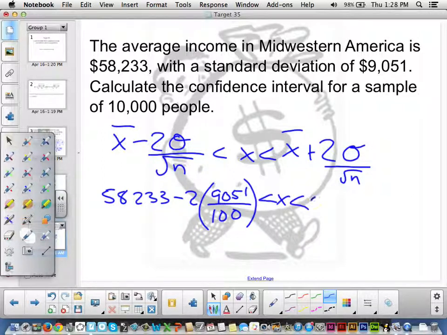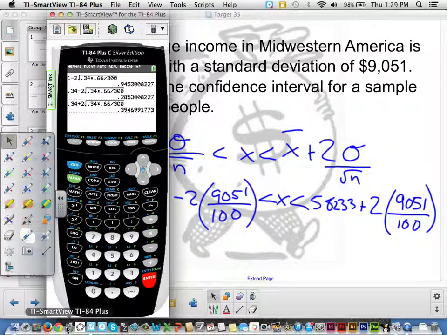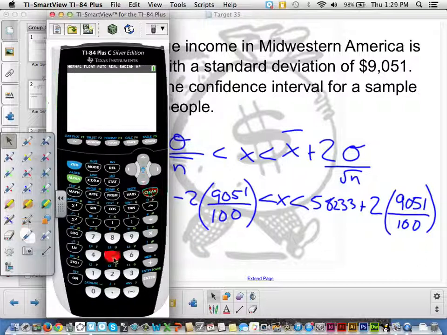It is less than the same thing plus 2 times the standard deviation times the error. All right, we'll plug those in. 58,233 minus 2 times the standard deviation of 9,051 divided by the square root of the sample size.